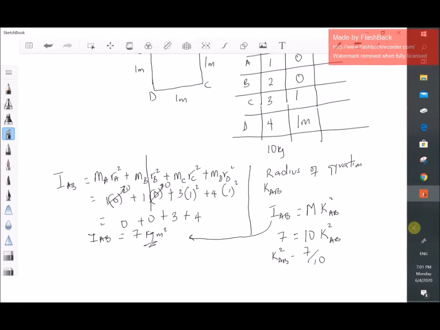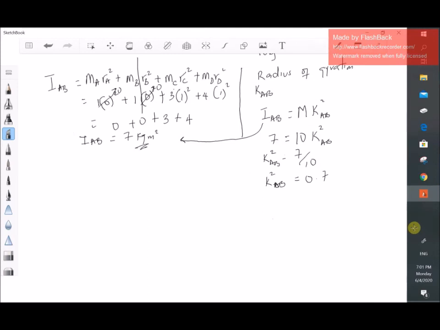So that becomes 0.7. All right, so we have radius of gyration at AB is equal to the square root of 0.7.